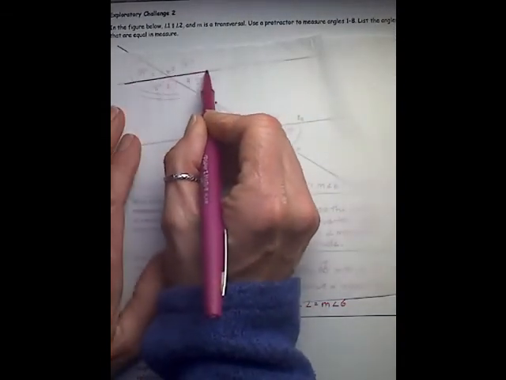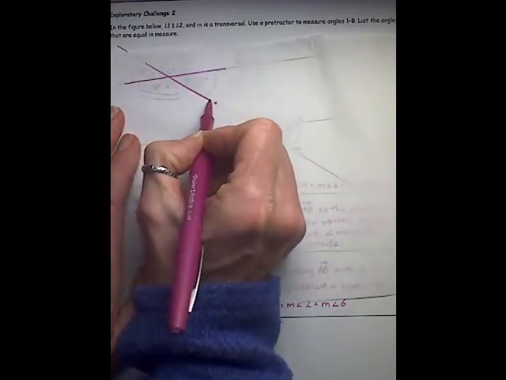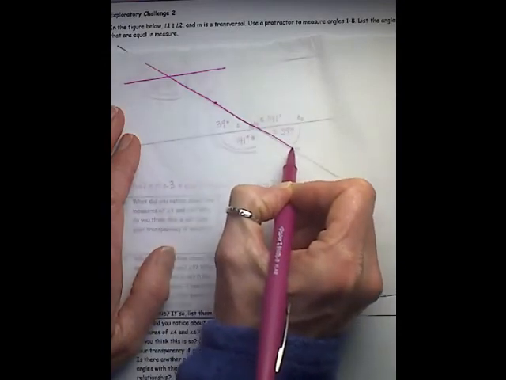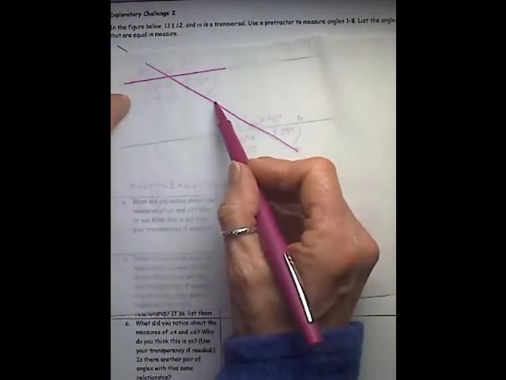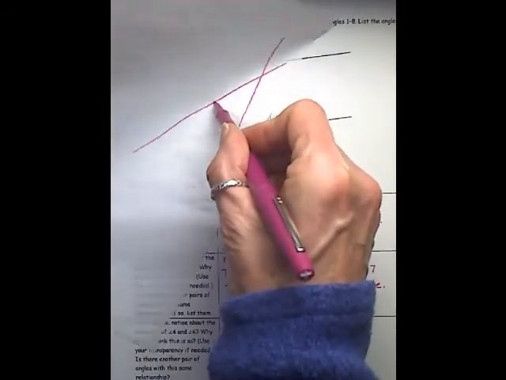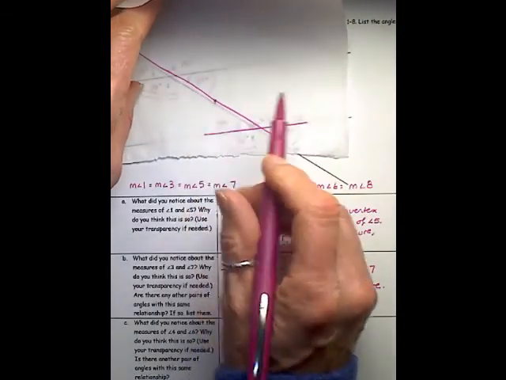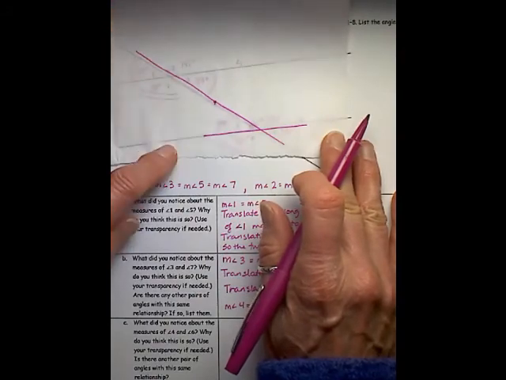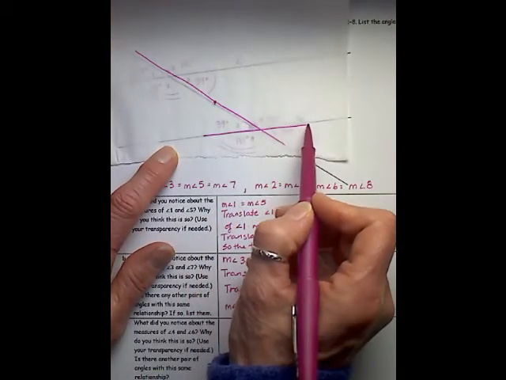So I'm going to draw that line and the transversal, and I'm going to rotate that 180 degrees. And remember, when we rotate 180 degrees, we end up with a parallel line.